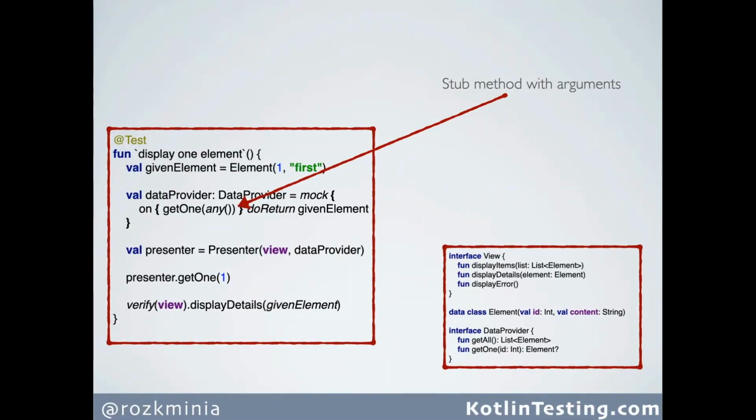Any is here an example of matcher. This method would be stubbed for all possible invocations, excluding null values, because we have a separate method for that. And then with this configuration, we can proceed to regular verification on view. With Mockito, we verified that display details function was invoked with given element that was returned by mocked data provider.